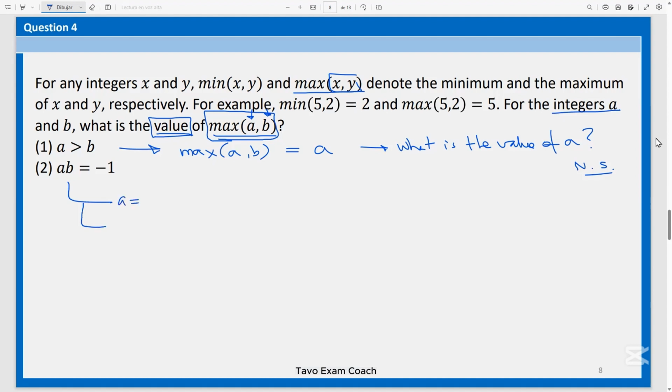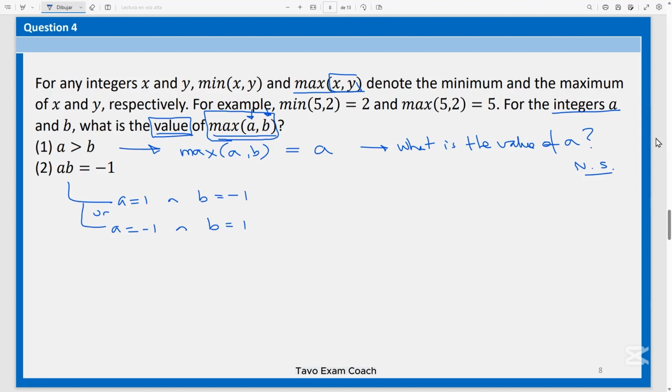Either a equals 1 and b equals -1, or a equals -1 and b equals +1. No other possibilities may exist because a and b have to be integers. No other integers might have a multiplication of -1.